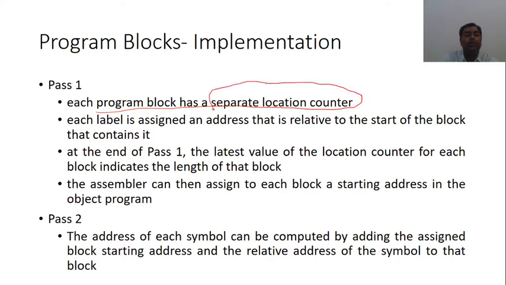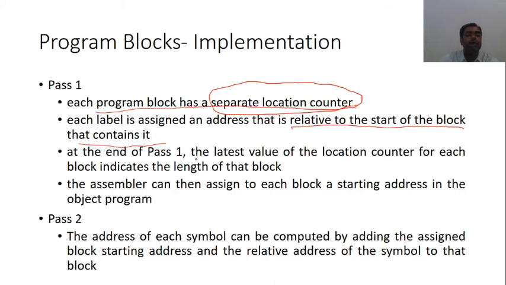Remember that each program block has a separate location counter. Each label is assigned an address that is relative to the start of the block that contains it. That means the label address will be relative to the block in which that label is present.